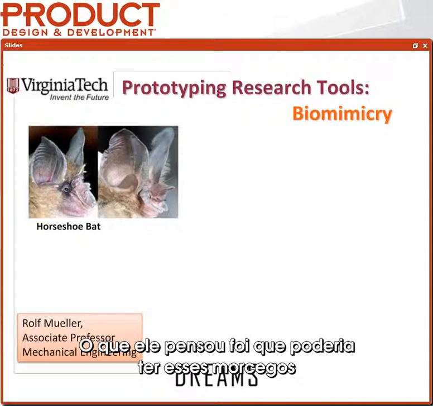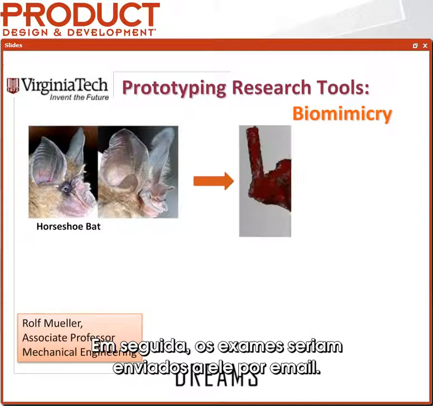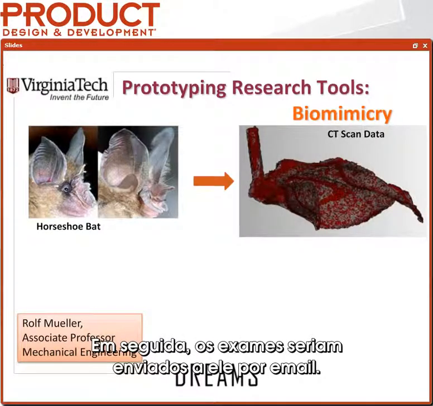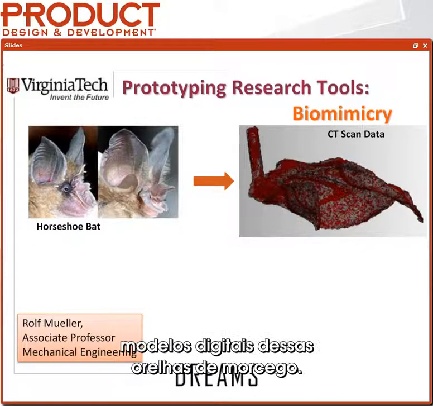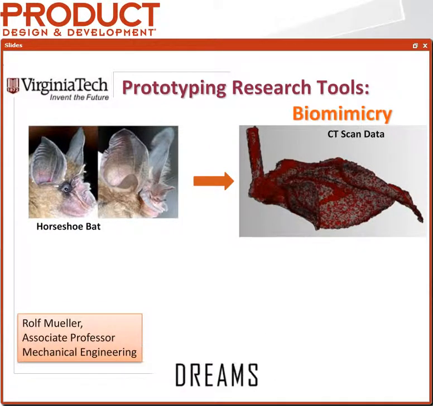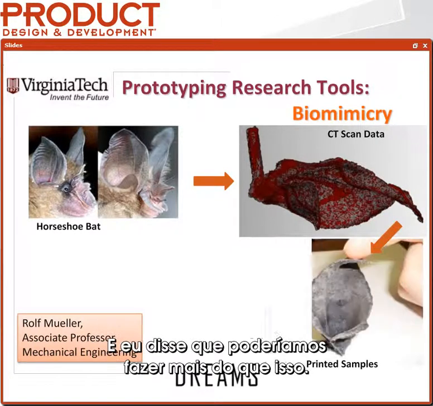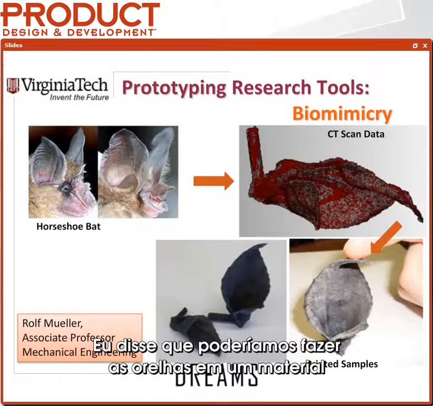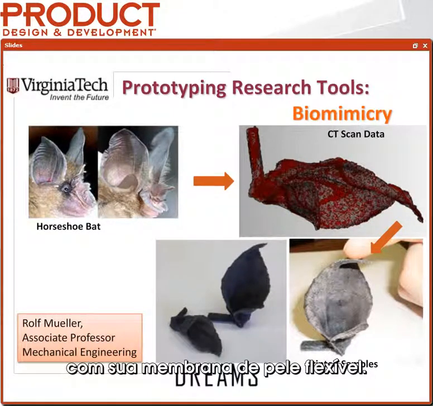So what he looked at is he actually can take horseshoe bat specimens from China and have them CT scanned. They then email him those CT scans, and from that CT scan he can create 3D digital models of those bat ears. And then he came to us and said, well, can we make this? And I said, not only can we make those, but we can actually make them in a material that is very similar to the bat's ear, which has a sort of leathery, flexible membrane.